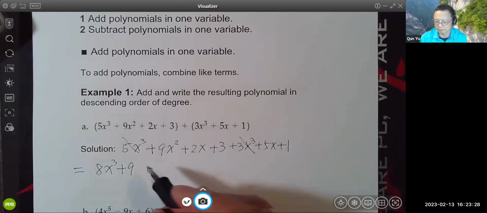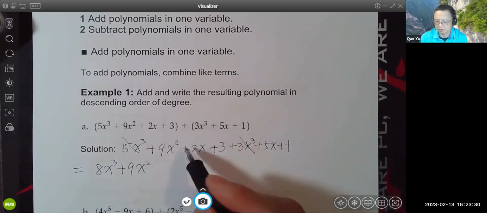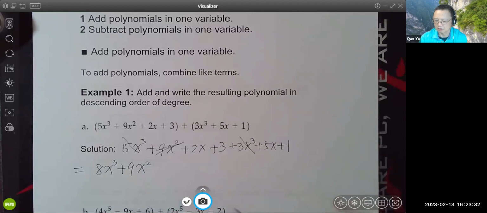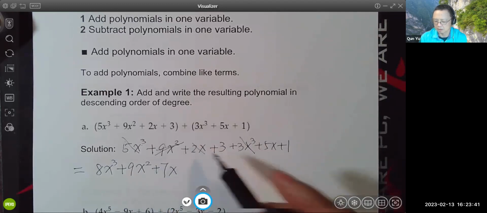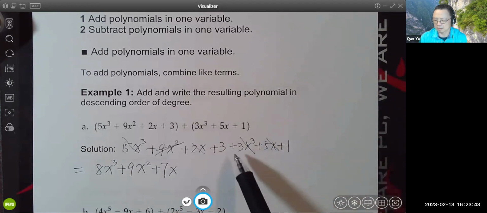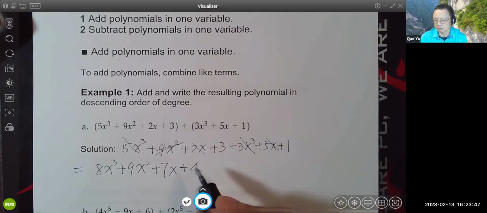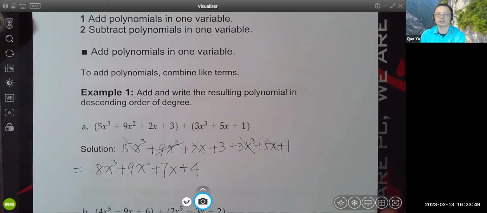Just copy it. Now next one is the x terms. We have positive 2, positive 5. That's positive 7 for x. Then constant terms, we have positive 3, positive 1, that's positive 4. So that is our final answer.